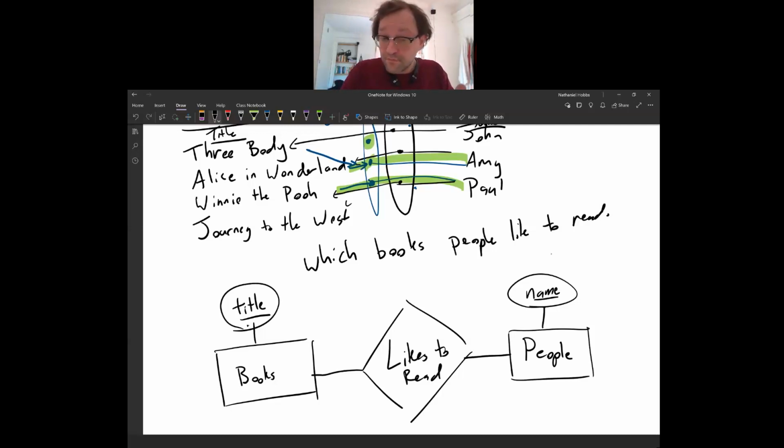And any one book can be liked by anybody. Any book can be liked by none or liked by exactly one. It doesn't matter. That's what unconstrained means here.